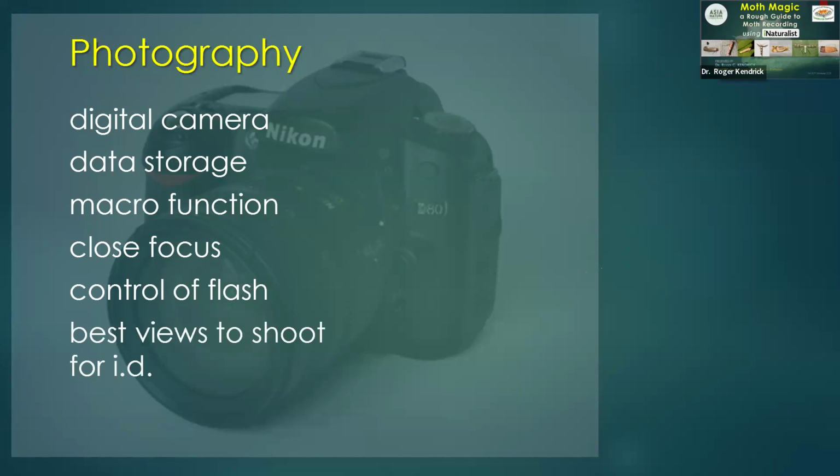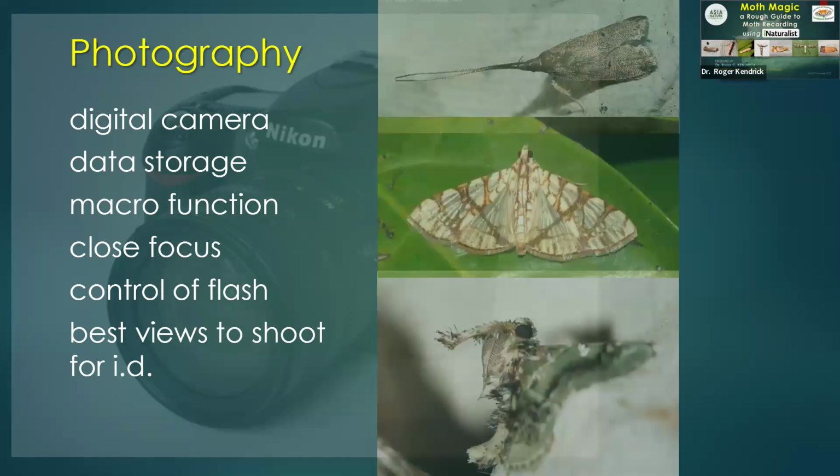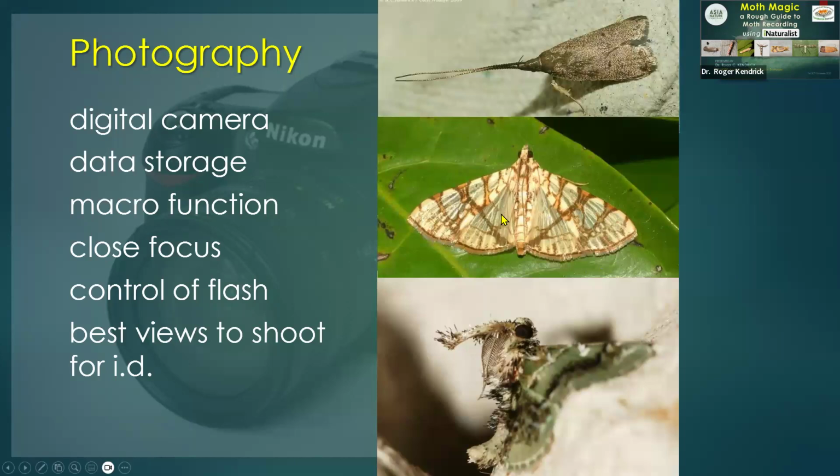The last point is what points of view, POV, to shoot that enable identifiers to see what's going on. So top down, dorsal view, sort of 3/4 view gives you good views, but also do not forget side on.